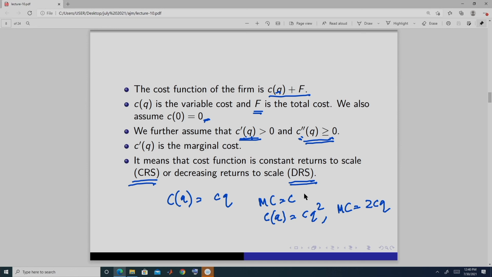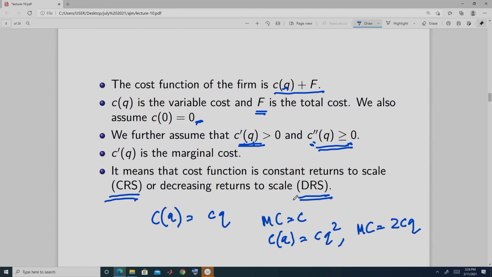And here, this f is a fixed component, coming from, suppose, the rent that we pay for the building, or when only one factor is fixed, that is giving us this component. Together with rent it gives us this component.